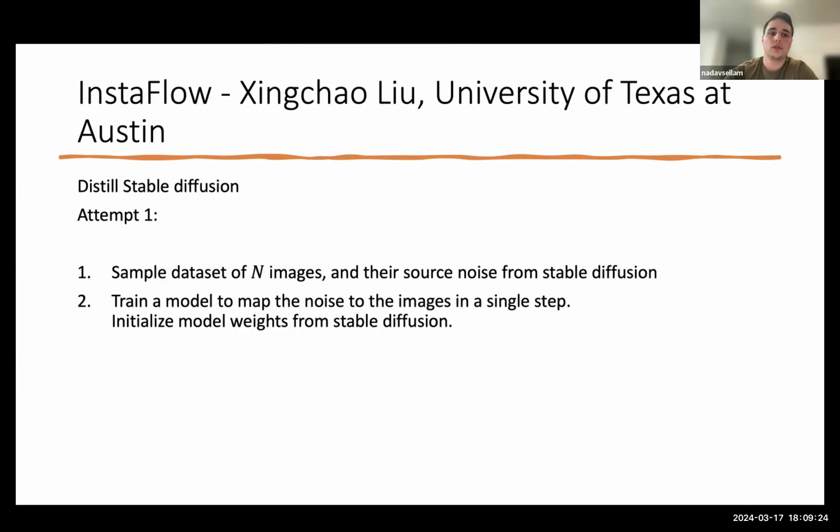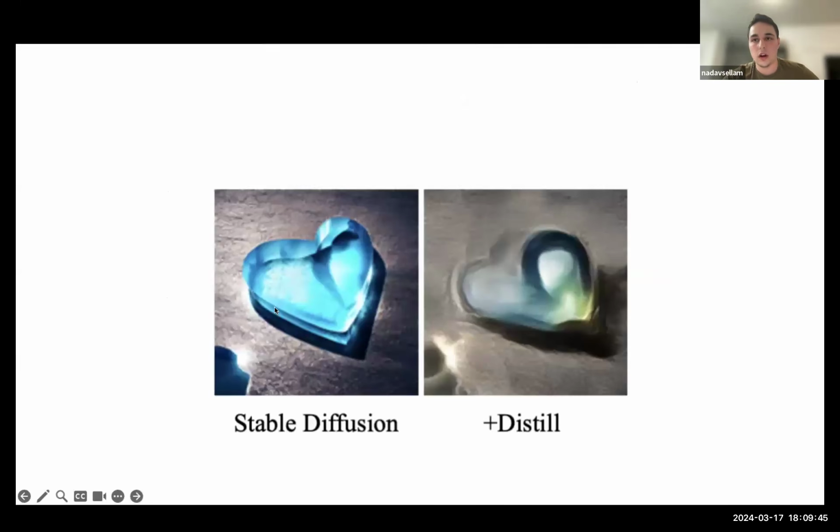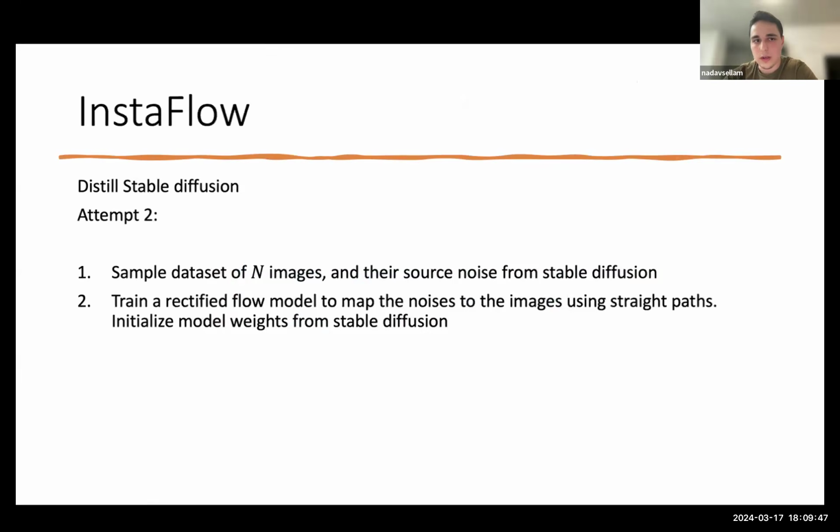The naive approach would be to sample n noise sources and pass them through stable diffusion to create the data set. Then we would train a model to map the noise to the image in a single step. To make things easier and faster, we would just initialize the model weights from stable diffusion, and we get terrible results. So what can we do differently?